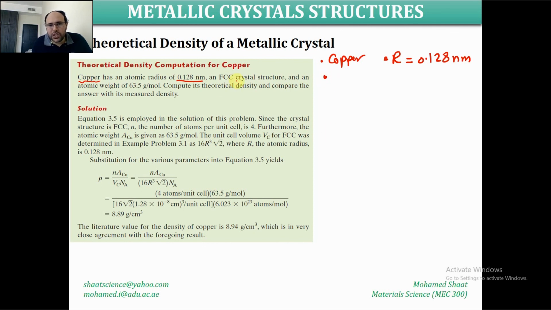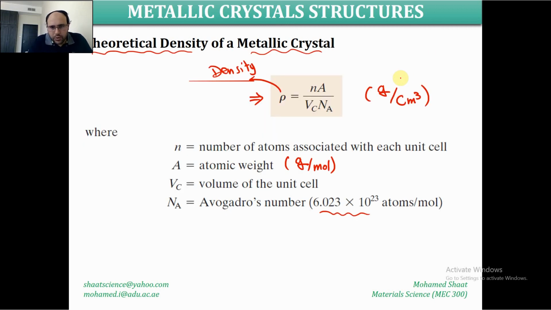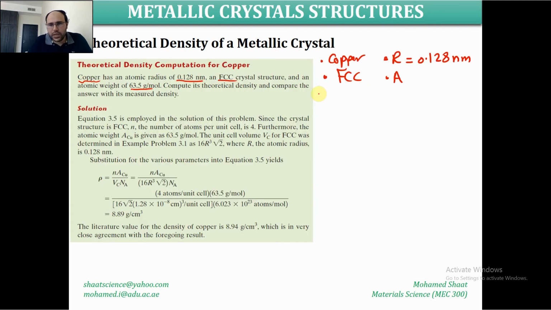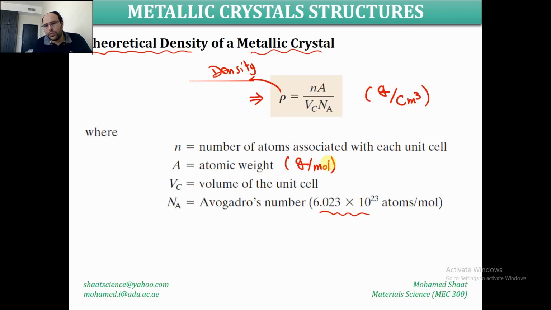And it has an FCC crystal structure, as already shown in the table. And the atomic weight, which is A, is given as 63.5 grams per mole. These are the units that you have to stick with.